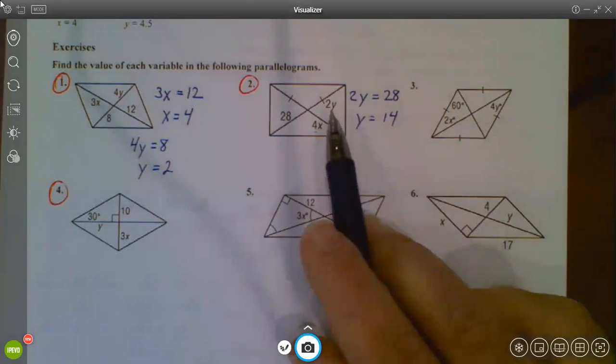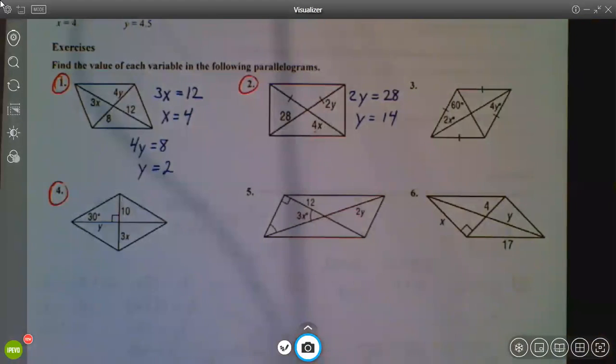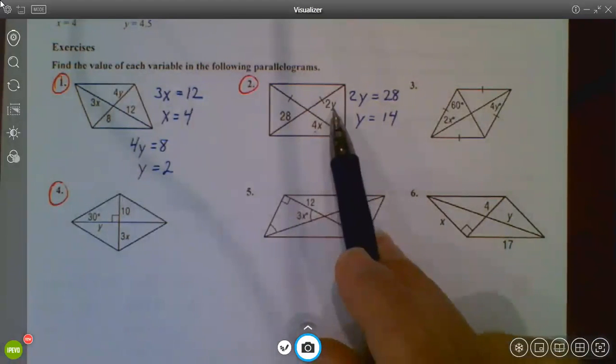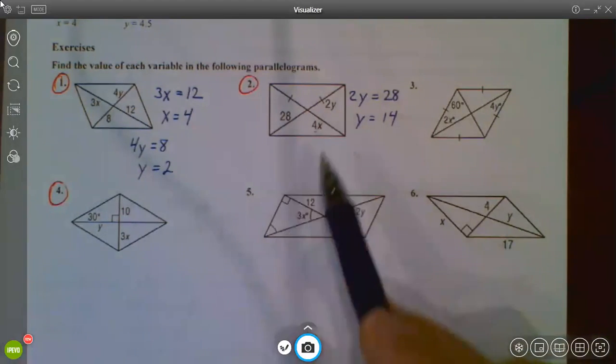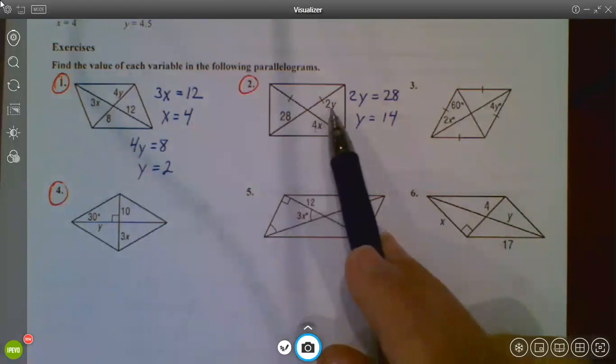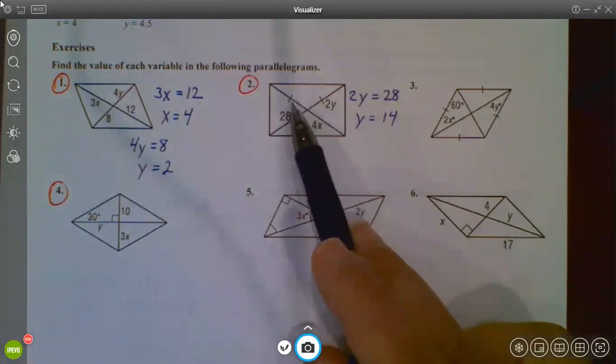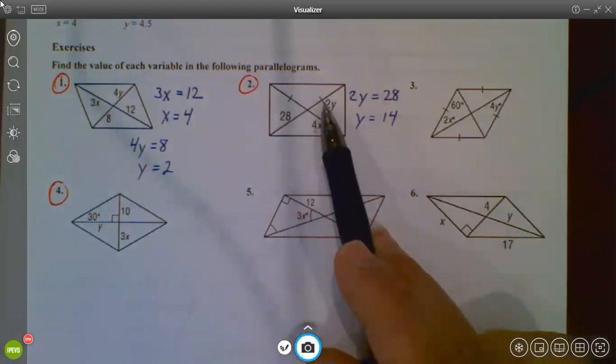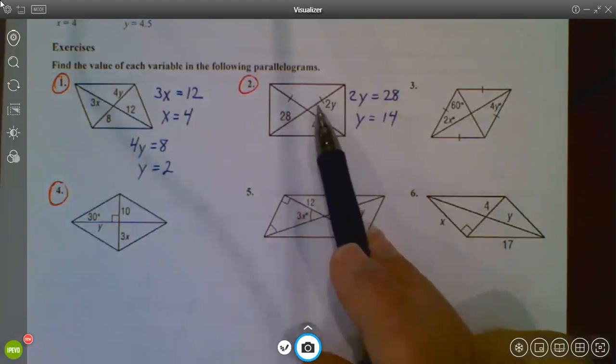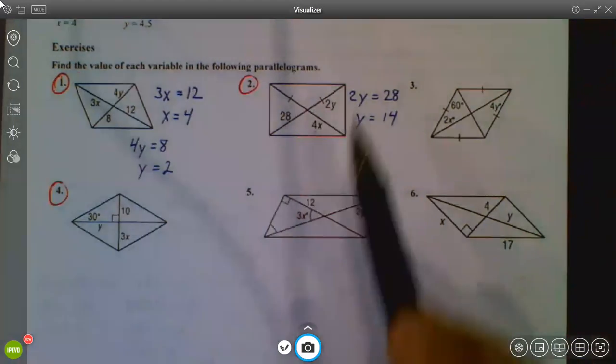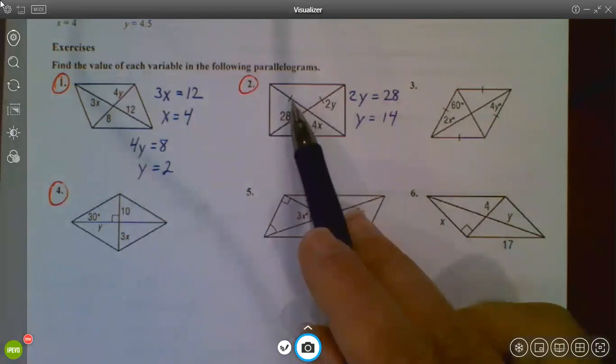And that makes sense, right? If I put a 14 right there, then 2 times 14 is 28. So we know that this is 28. We know this is 28. So look at these congruent marks. We ran into one of these earlier. Remember, those congruent marks are there to tell you that these 2 sides are equal. So if he's 28, then he's also 28.